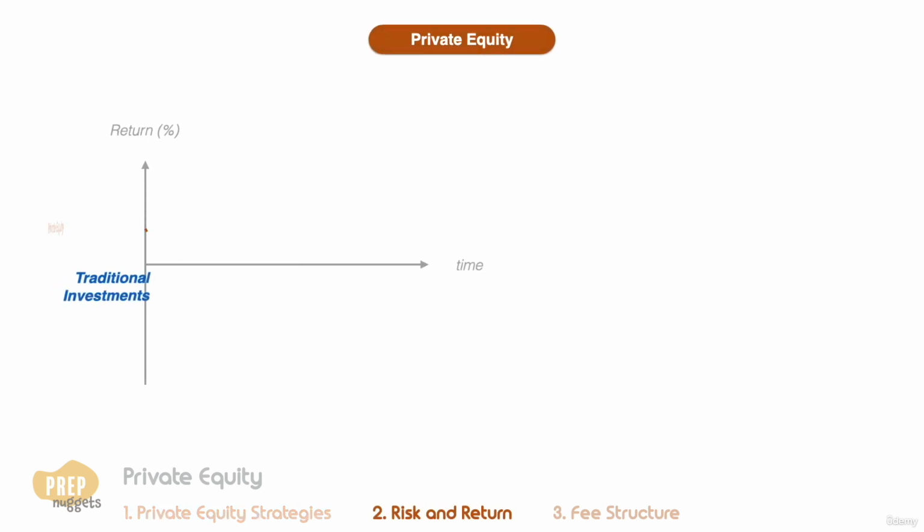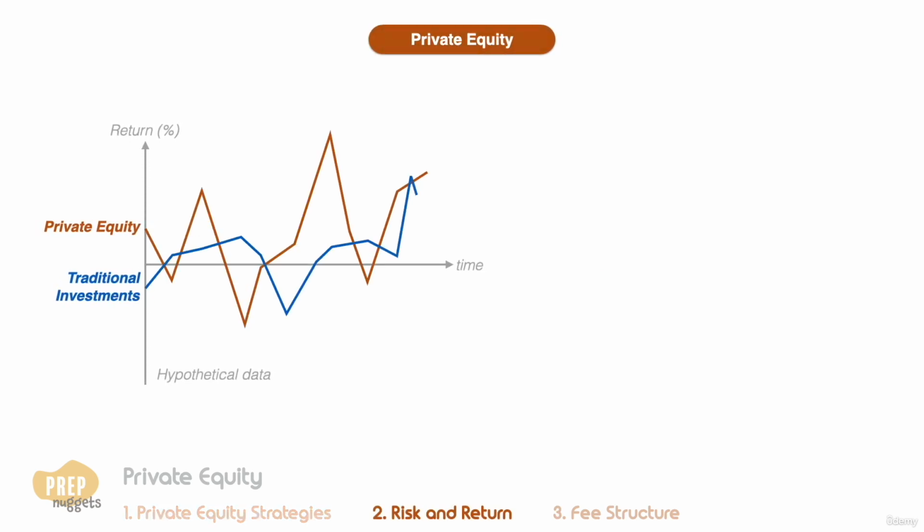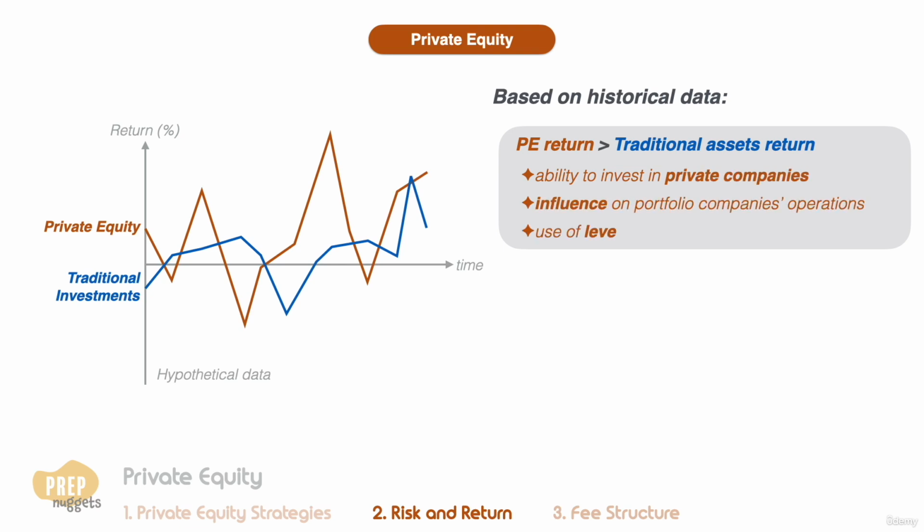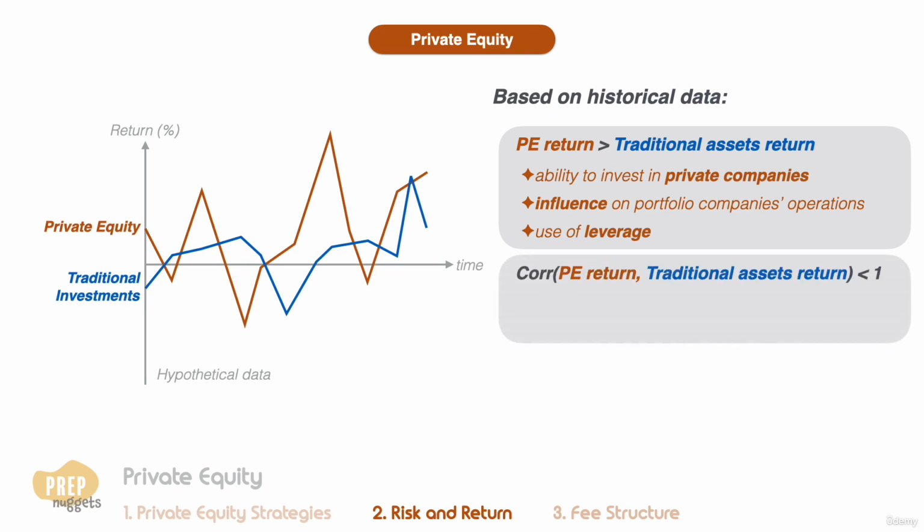Based on historical data, private equity funds have provided higher return opportunities relative to traditional investments. This can be attributed to their ability to invest in private companies, their influence on portfolio companies' operations, and their use of leverage. Besides, private equity returns have less than perfect correlation with those of traditional investments.